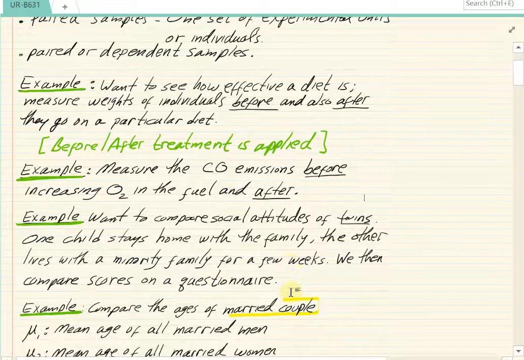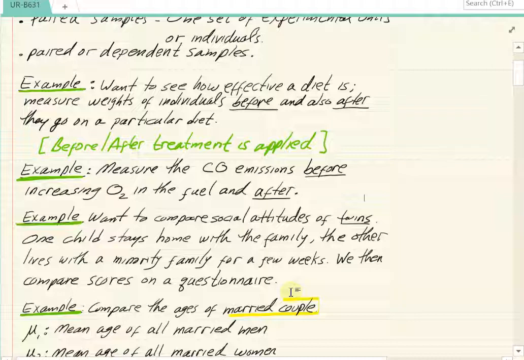Another example, let's say we want to compare the ages of married couples. So here again, married couples, they're not really the same subjects, are they? So the idea here is that each couple makes a cohort, so that's going to be paired together as one sample, because we're interested in comparing the mean age within that cohort or within those experimental units.